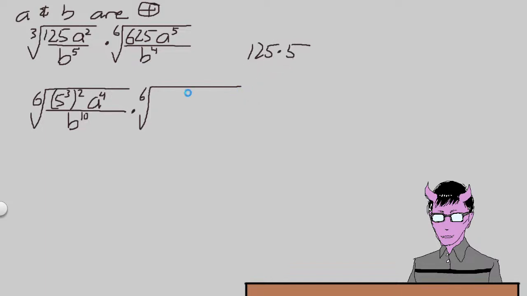Yeah, 625. And then we know that 125 is already this. There are 3 5s multiplied together, times 1 more 5 is 4 5s multiplied together, which unfortunately is not divisible by 6. And this one, leave it alone.